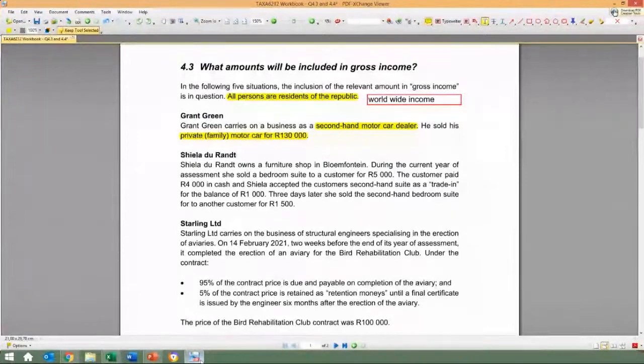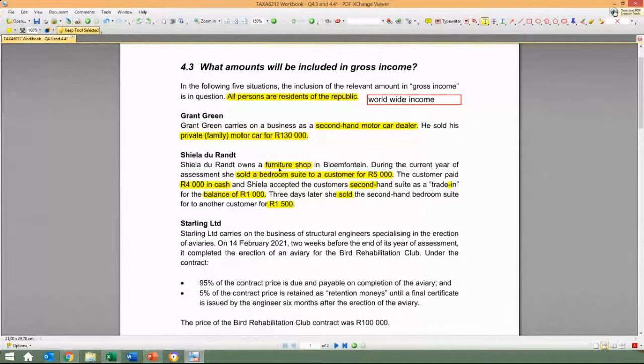Now, if we go to Sheila on the other end, they tell you Sheila owns a furniture shop in Bloemfontein, so she has a furniture shop. During the current year of assessment, she sold a bedroom suite to a customer for 5,000 Rand. Okay, the customer paid 4,000 in cash, and then she accepted a second-hand suite as trade-in for the balance of 1,000 Rand, and she later sold that for 1,500.